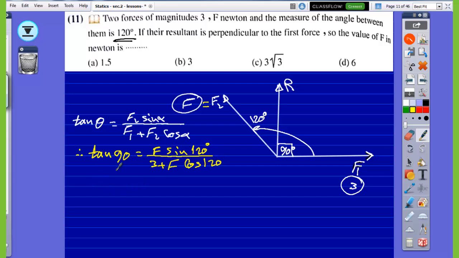Tan 90 is undefined, so the denominator equals 0.